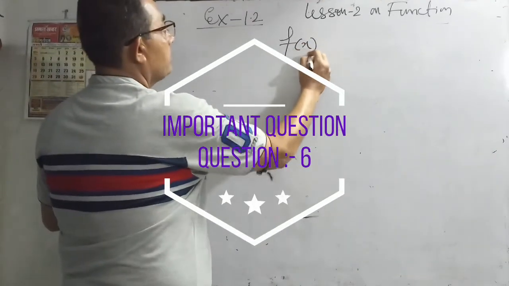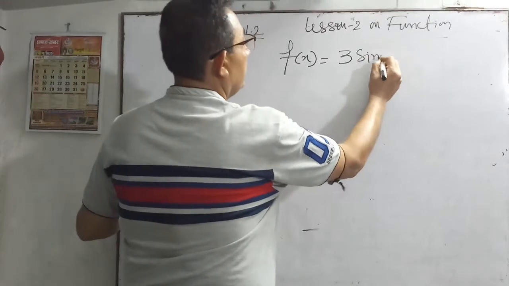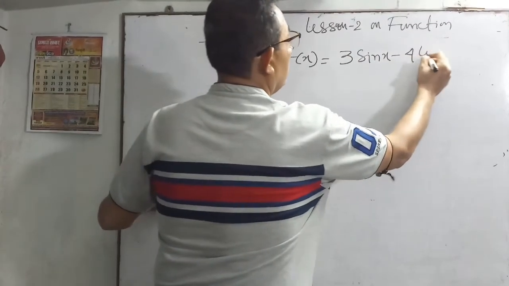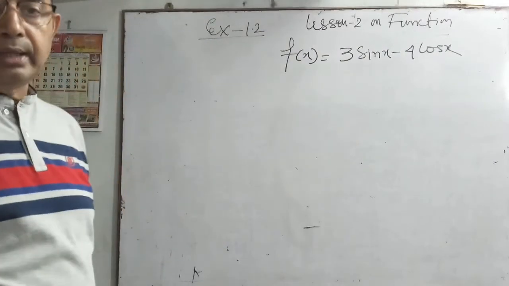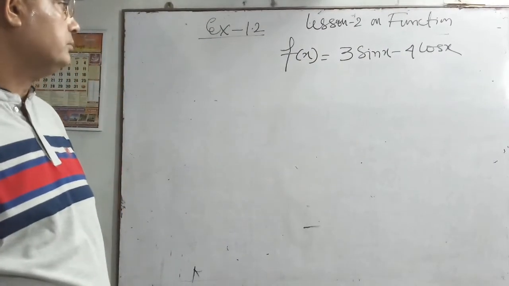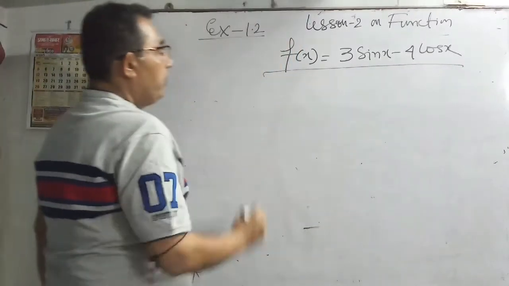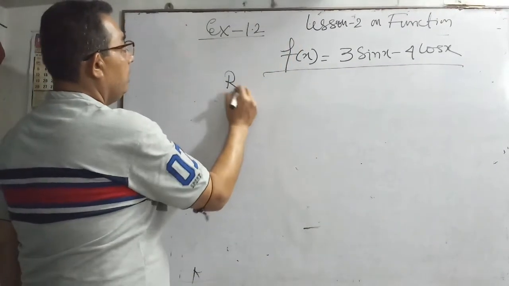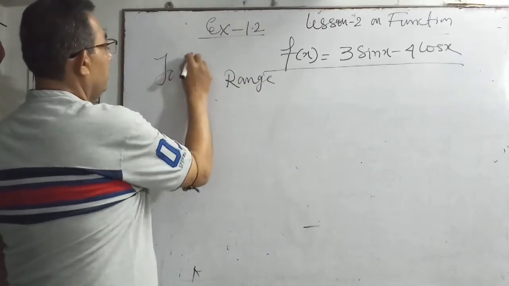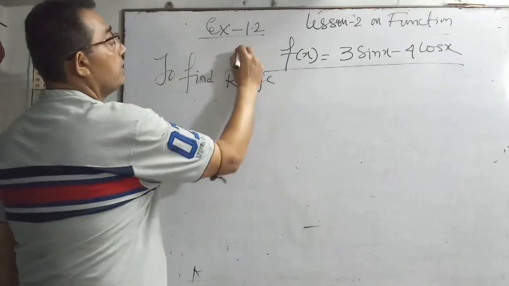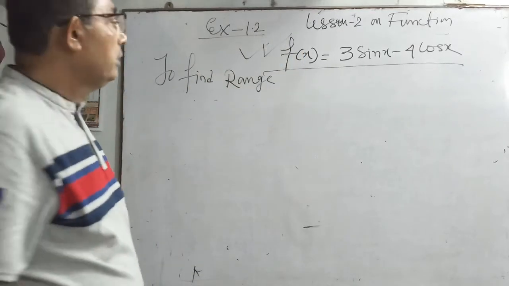Clear? f(x) equals 3 sin x minus 4 cos x. In this question, you have to find the range. This is an important question. Understood?